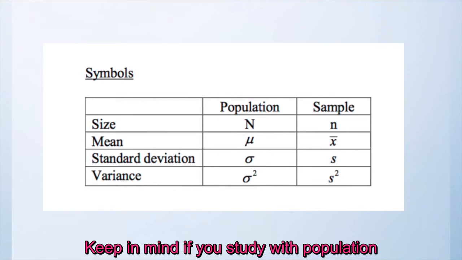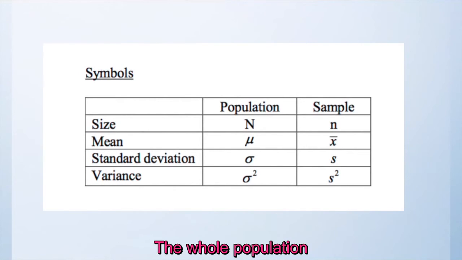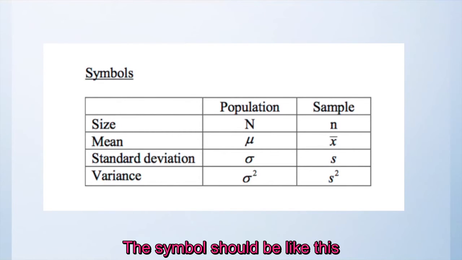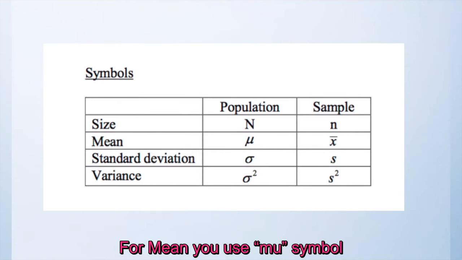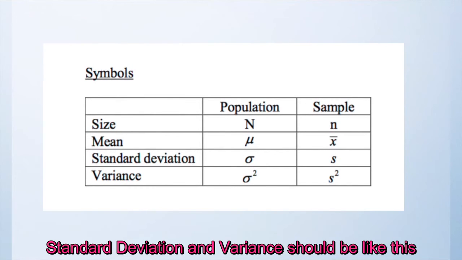Keep in mind, if you study the whole population, the symbols should be like this. For the size, you should put big N, capital letter N. For mean, you use the mu symbol.